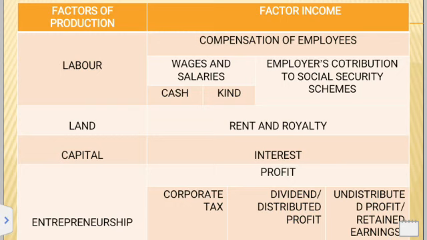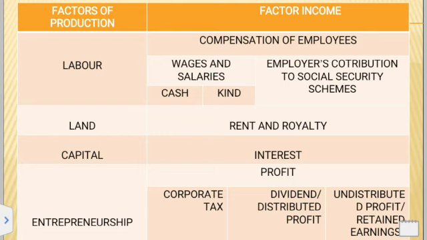Now during Holi, Diwali, etc., you are giving saris or something like that, and that is also a type of compensation to that labor, and that is in the form of kind. So the first component of compensation of employees, I think it is clear. The first component is wages and salaries, and these wages and salaries again can be in two forms. One is in the form of cash or in money terms, and another in the form of goods and services, and that is called in kind.